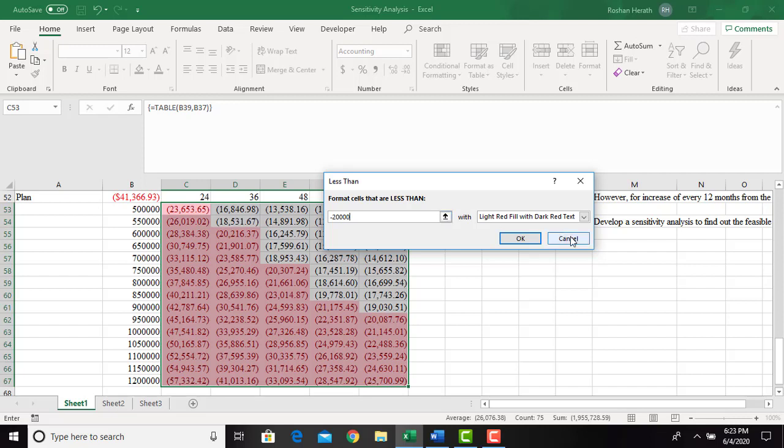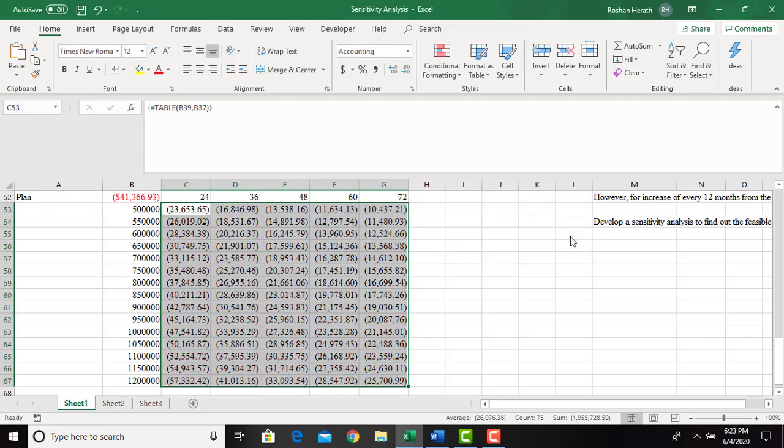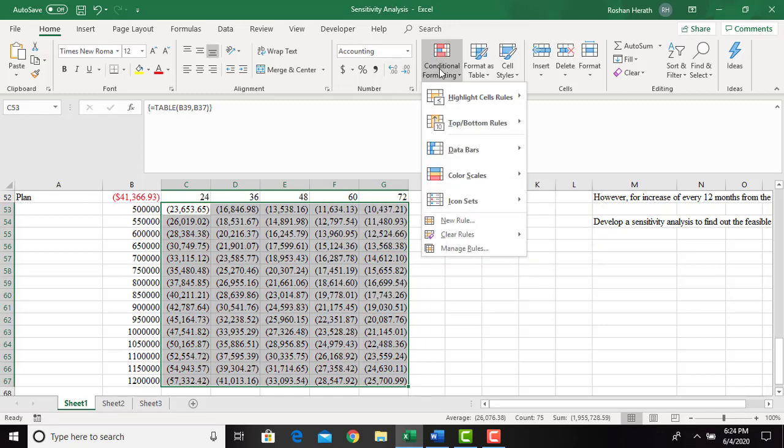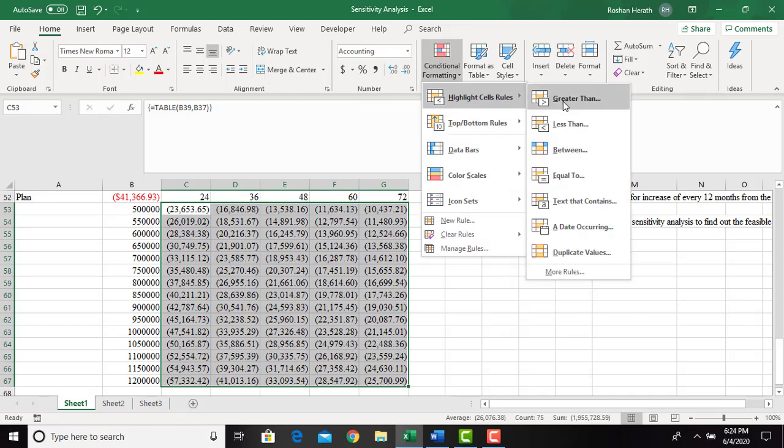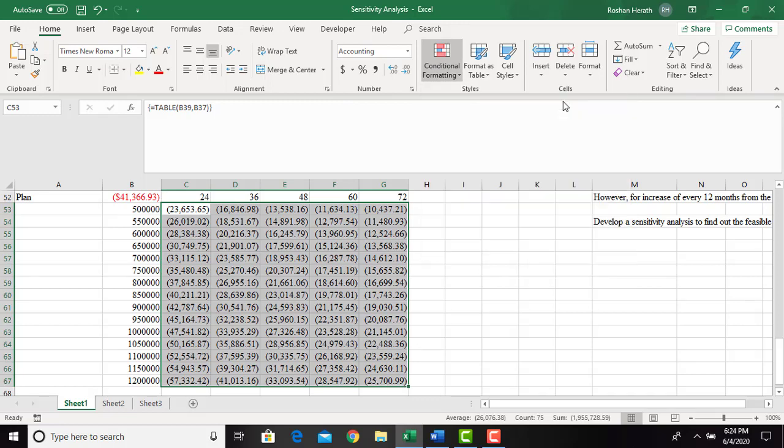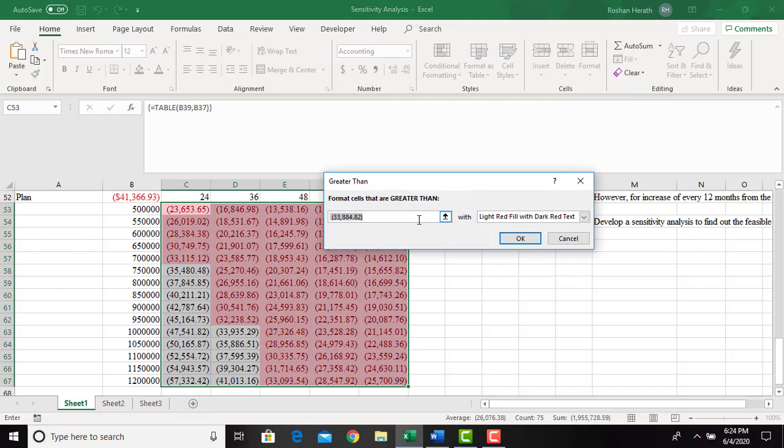So therefore it must be greater than, right? So the suitable condition is going to be the greater than, like minus 20,000. Yeah. So this is what seems feasible.